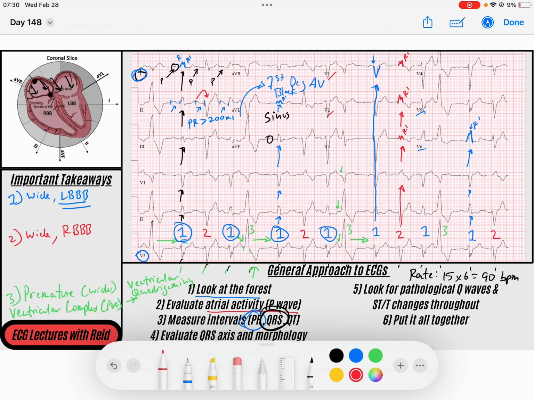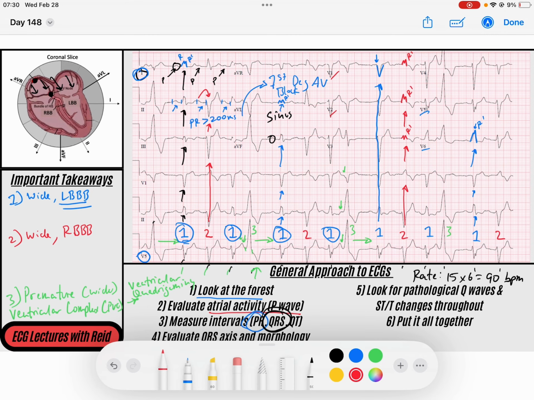And if you look in the limb leads for beat number 2, and I trace this up, you see that the axis of my QRS for beat number 2 is upright in lead 1, but negative in lead 3, and also negative in lead 2. So it's actually got left axis deviation. So we've got a left axis deviation in the setting of a right bundle branch block.